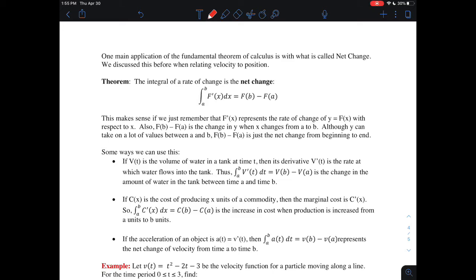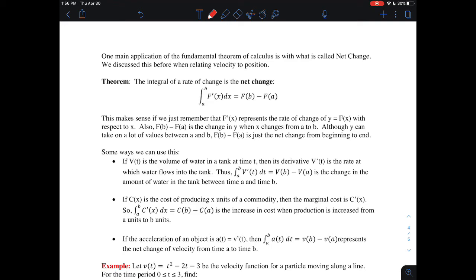So in this case, the integral from a to b of capital F prime of x dx is equal to capital F of b minus capital F of a. This makes sense if we just remember that F prime of x represents the rate of change of the function y equal capital F of x with respect to the independent variable x. Also, we need to remember that F of b minus F of a is simply the change in y when x changes from a to b.